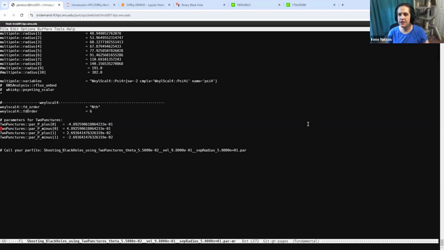So Spectre uses much more ad hoc patches. And the other big one that I'm most familiar with is Zach Etienne's code, NRPy, numerical relativity for Python and beyond. That one is working on using mostly polar grids, but there are lots of other options.